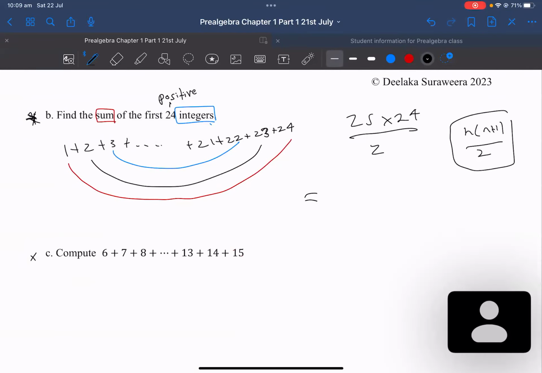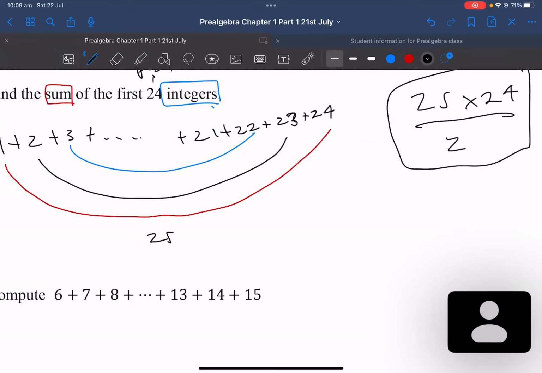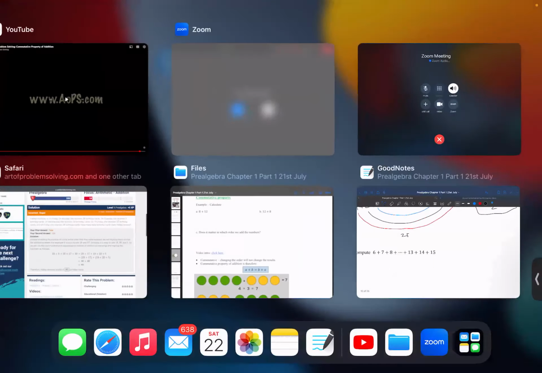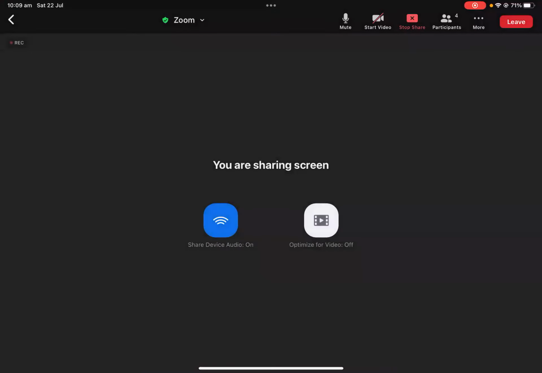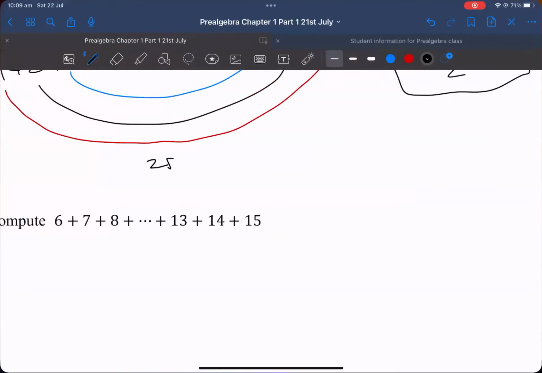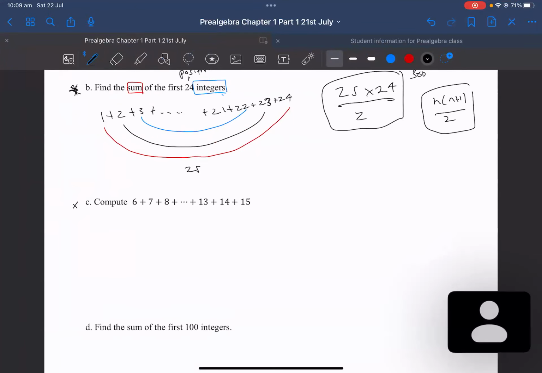But from what we learned so far, the easiest way is just to do 12 pairs. That's correct, 300. The other way is to see 12 pairs of 25. So that's 300. Oh yeah, very good, Sarah. Good job. I did what you taught.